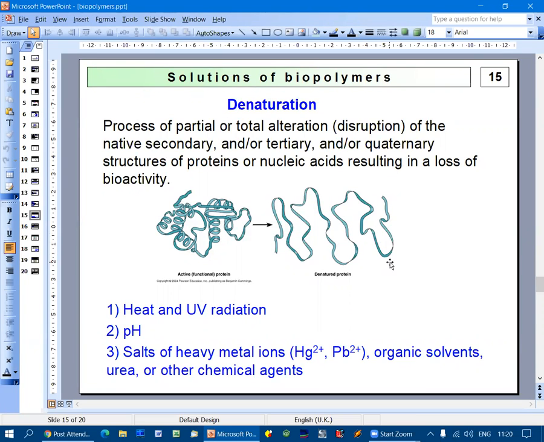And the process of denaturation will lead to formation of precipitate.